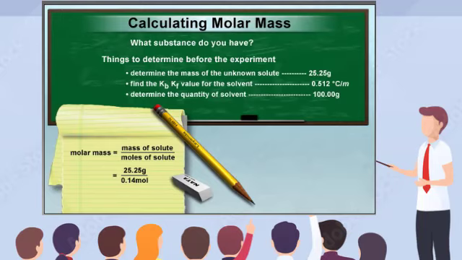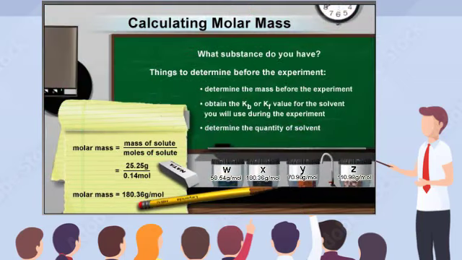Therefore, both values for molar mass are known. Plugging in the values gives the answer that the molar mass equals 180.36 grams per mole. Comparing this value to the 4 values given by the teacher, you conclude that your unknown is substance X.